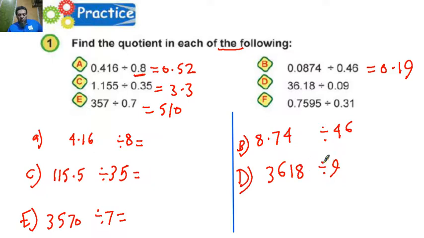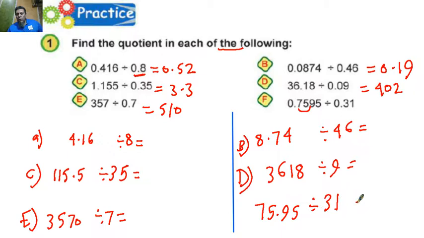Do the division, the result equals 402. The last one, multiply by 100, the divisor becomes 31, the dividend becomes 75.95, and do the division operation, then the result equals 2.45.